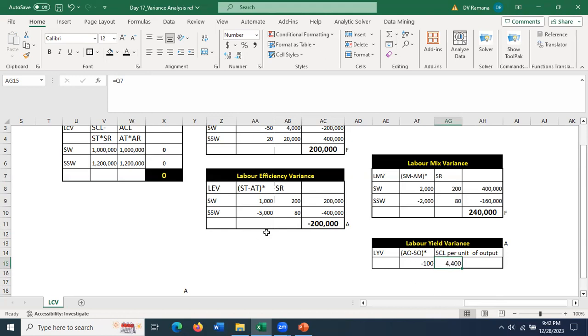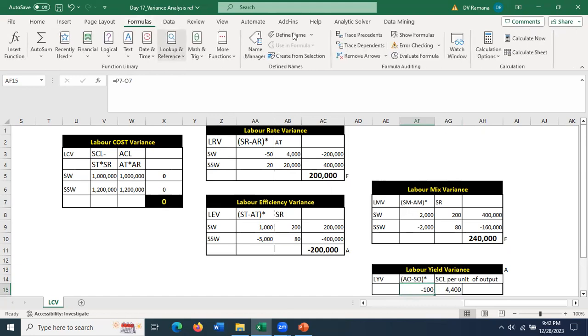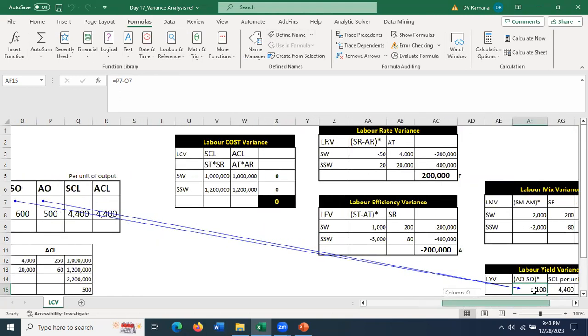The actual output is 500. With the same input, we were supposed to have manufactured 600. So there is inefficiency in the system.